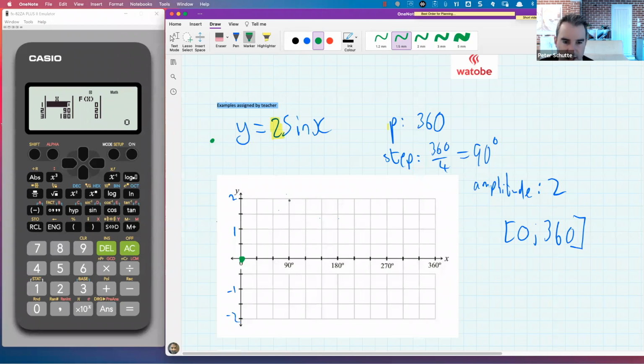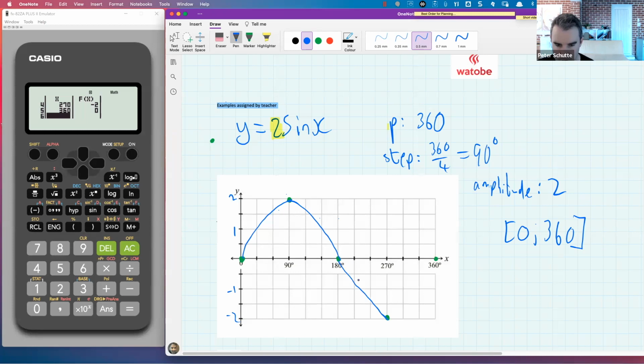So we get 90, 2, 180, 0. Then I click the down arrow to get more points, and I get 270, minus 2, and 360, 0. That shows me the key points that I needed to draw this graph.